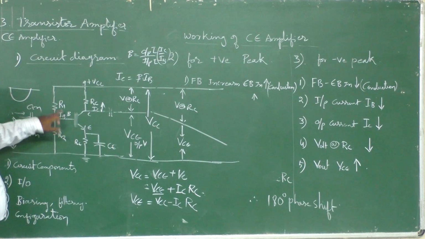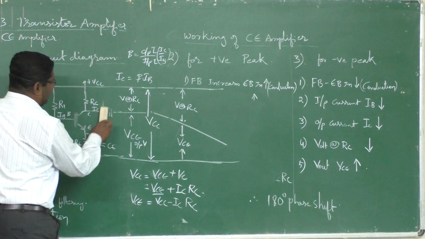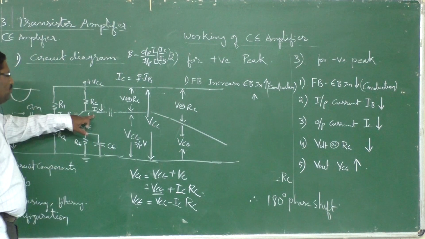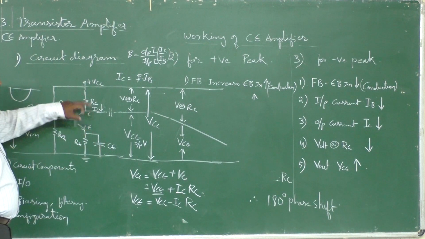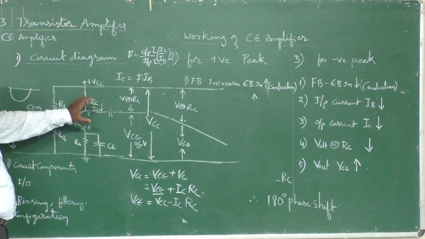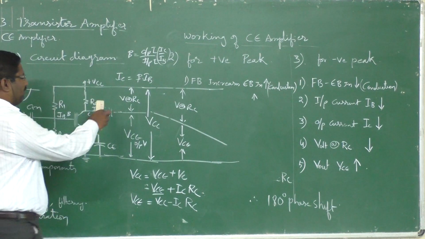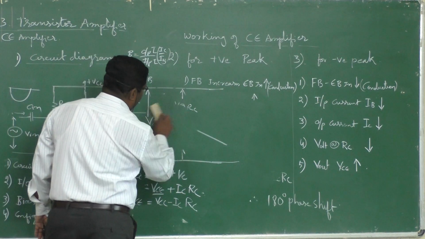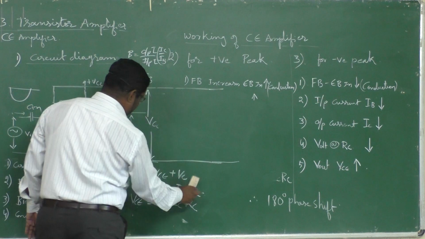When conduction decreases, what happens to IB? IB also decreases. When IB decreases, what happens to IC, the output current? That output current also decreases. When output current IC decreases, the voltage across RC will also decrease. When the voltage across RC decreases, what happens to the total output voltage? It is not the same, it is opposite to this.